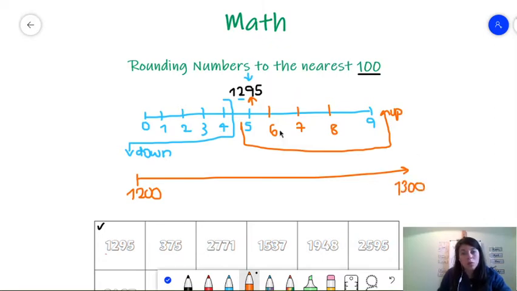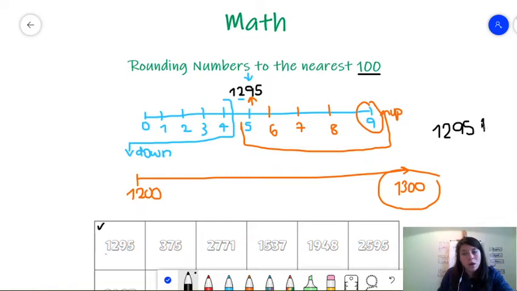Now, according to the rule here, 9, which is that number right there, is definitely up. So I'm going to switch to black. 1,295 rounds up to 1,300. Okay? Now you can pause this video so that you can copy this.